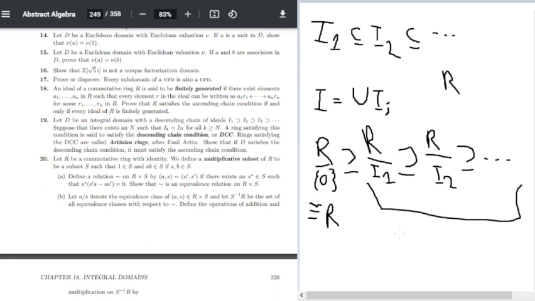The one thing I just want to make absolutely sure is that all these are ideals. So we define R over I1 as a subring of R over 0 to be equal to the set of i plus 0 for i in Ij.